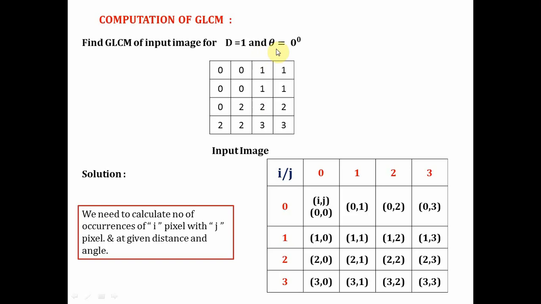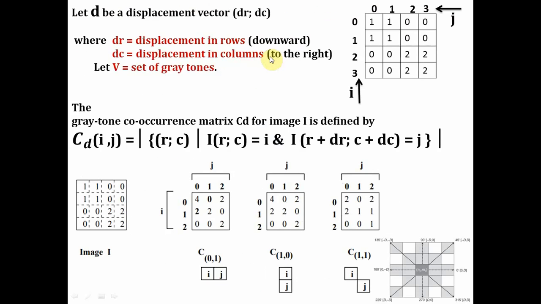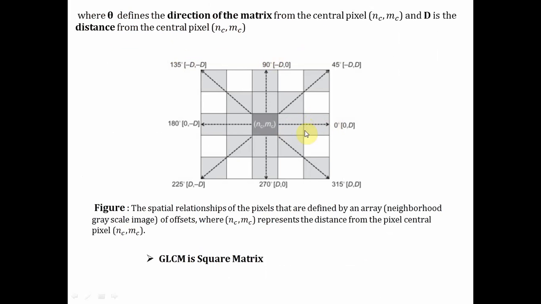Here they are giving only 0 degree, which means only horizontal ij. So you need to find the occurrence of j for i. How many times will you find this horizontal combination, that is 0 degree, distance 1, 0 1.